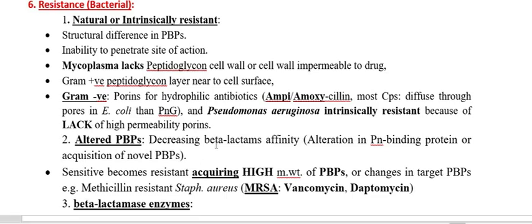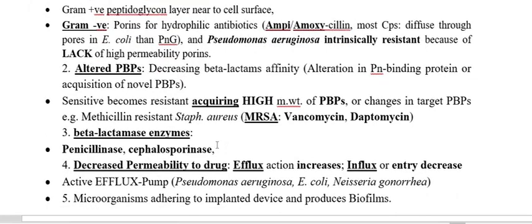Next resistance property is change in the structure of the target of the antibiotic. What is the target of the antibiotic? The target of penicillin is called penicillin binding protein. What is this penicillin binding protein? They are enzymes like transpeptidase and others.